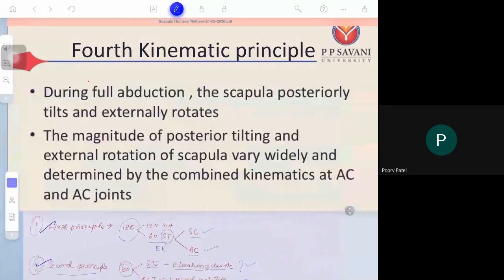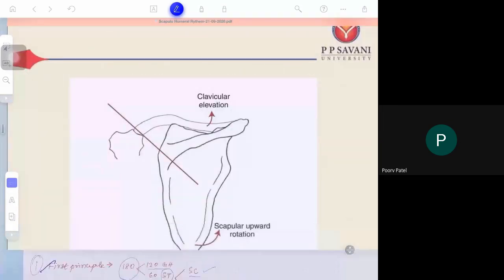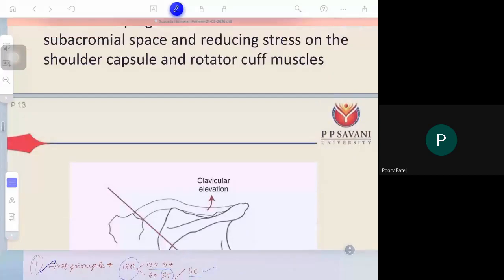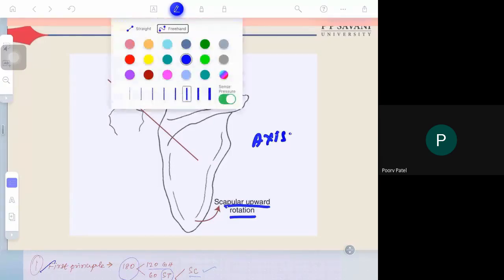So now, coming to the axis of rotation of scapular rotation. Listen carefully. Axis of rotation of scapular upward rotation. So what is the axis? Where does the axis pass through?